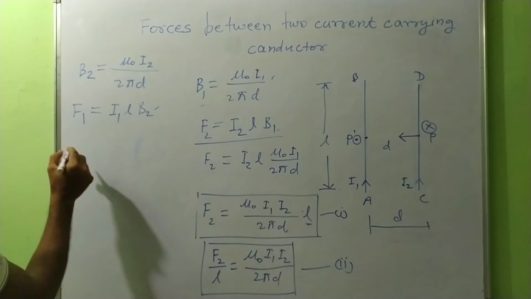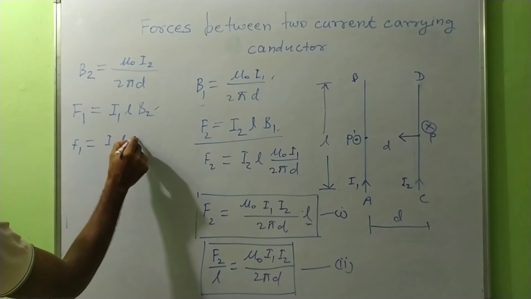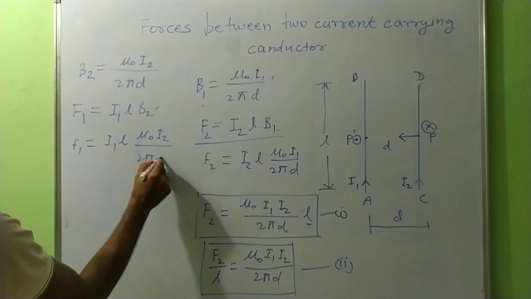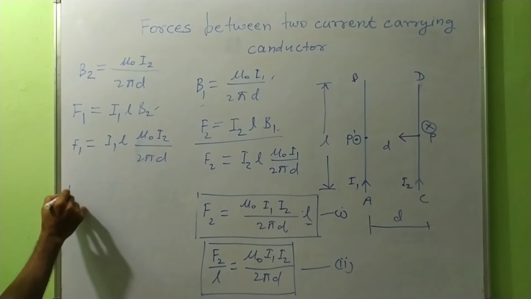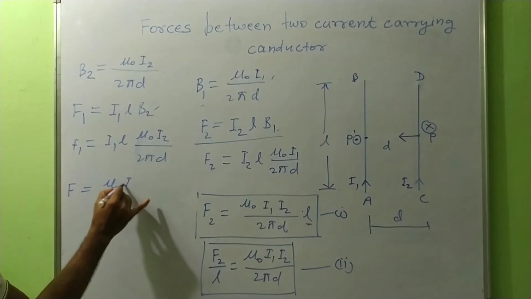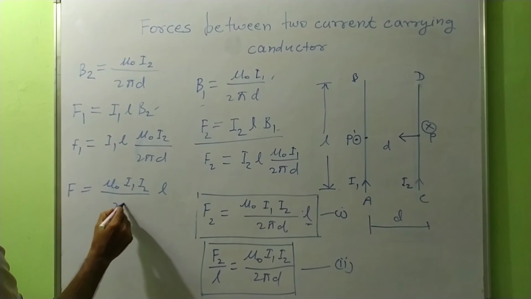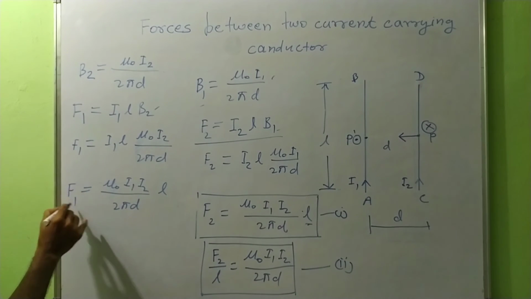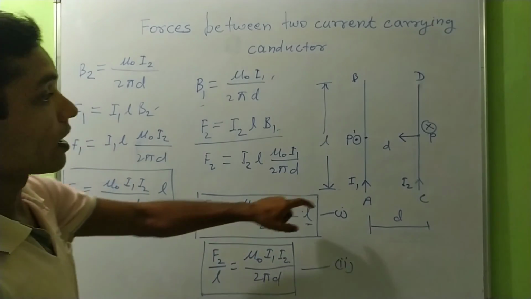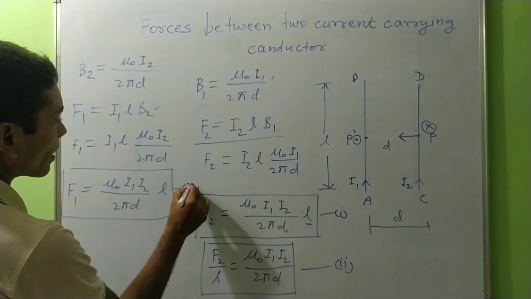On putting the value of B2, F1 will be equal to I1 L and the value of B2, mu naught I2 upon 2 pi d. Okay, we can arrange this. So it will be mu naught I1 I2 L upon 2 pi d. This is the magnitude of force acting on conductor AB. Let this be equation third.